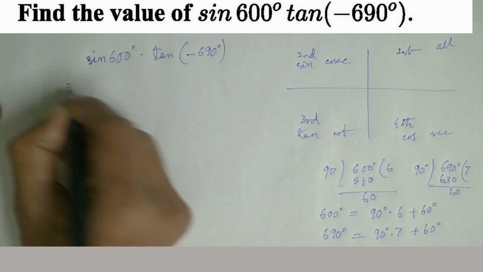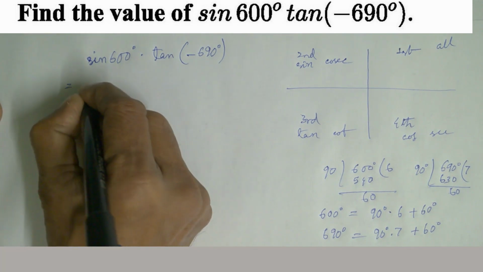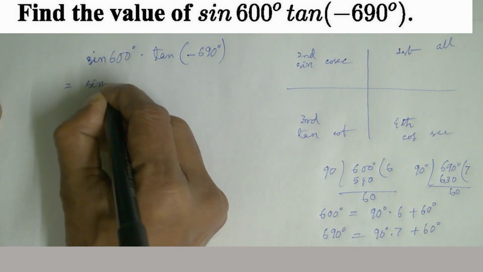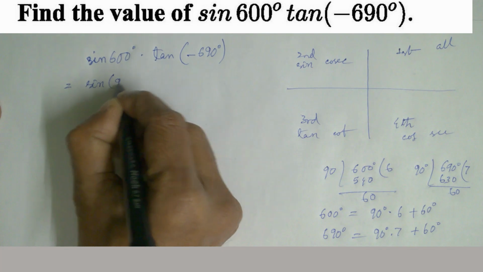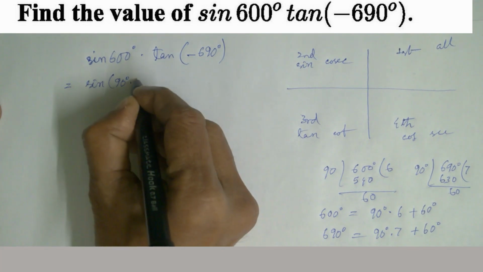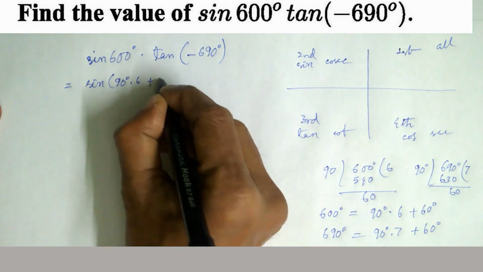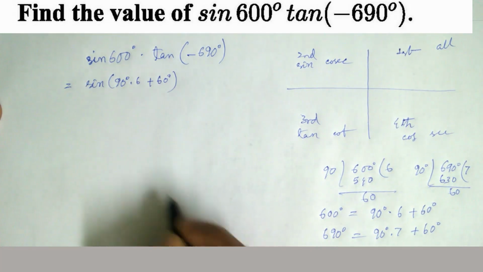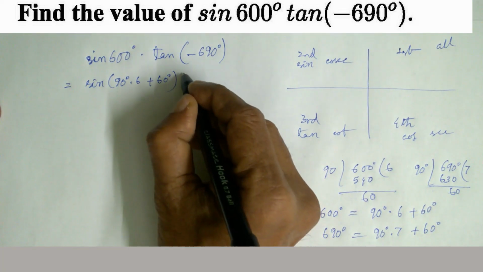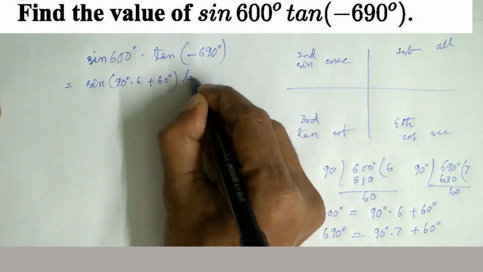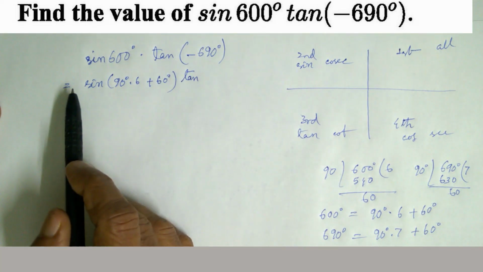Sine 600 degree is equal to sine, in place of 600 writing this, 90 degree into 6 plus 60 degree, into tan of, this minus writing outside.